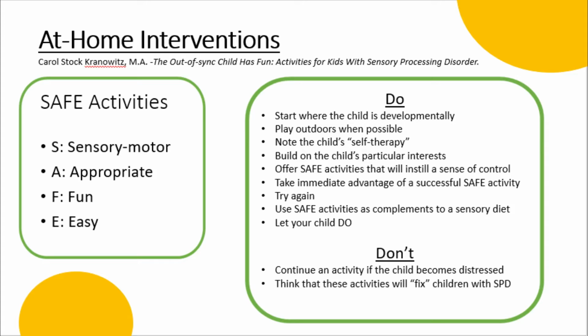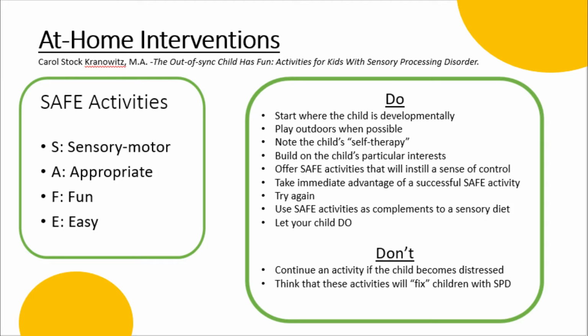Speaking of self-regulation, note the child's self-therapy. If your child likes to spin in circles, consider activities that incorporate spinning as an appropriate outlet. But if your child is a sensory avoider and doesn't like messy play, respect this and ease them into the activity through no mess messy play, which we will touch on in the next slide.